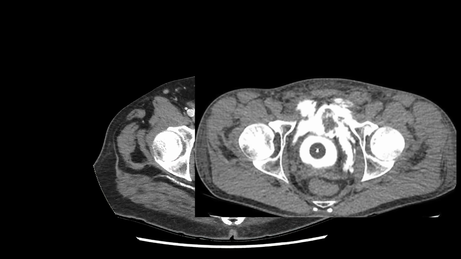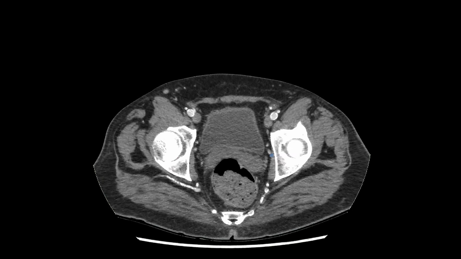So in this picture here, we've injected contrast through a Foley catheter into the bladder and distended it. And you can see that contrast has extravasated outside of the bladder and into the perivesical space and space around the bladder. And this is all extraperitoneal. There's no intraperitoneal contrast. This is an extraperitoneal bladder rupture, and this does not need to go to surgery immediately.